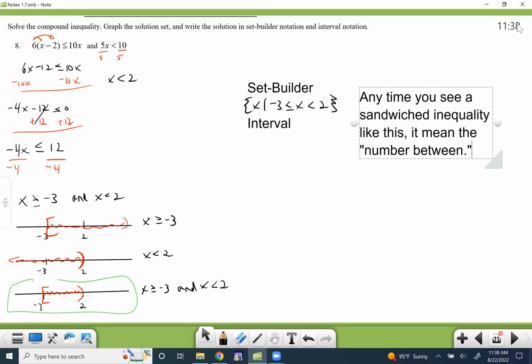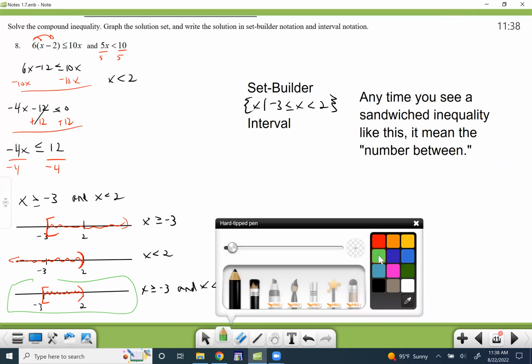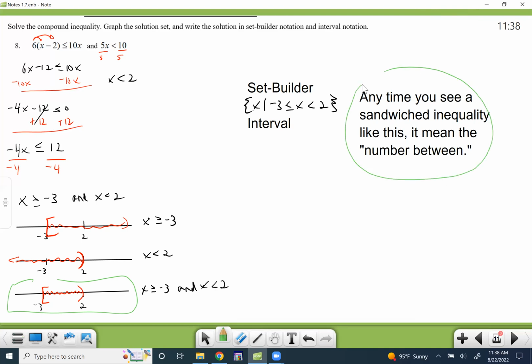So as soon as you see it, you know, oh, okay, it's these two numbers and all the numbers between them. Okay, so it's really good to know that, you guys, because then you can just instantly visualize the graph must look like this down here, right?